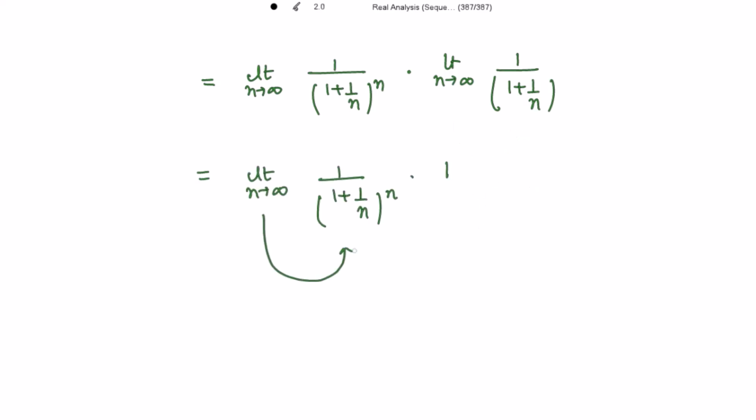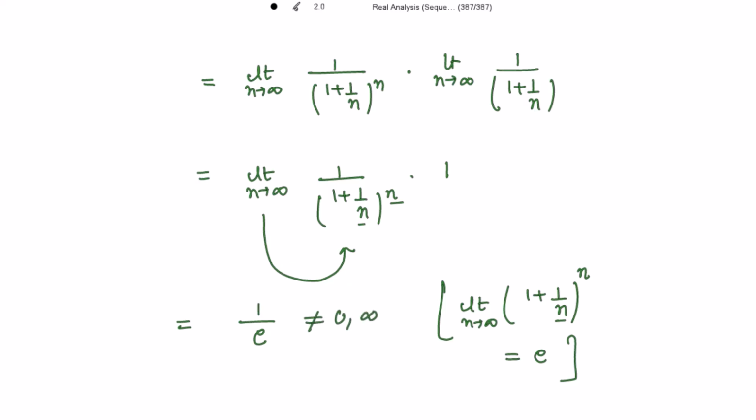And this is your formula. The limit of 1 plus 1 by n to the power n, if the denominator is the same as the power, then this limit as n tends to infinity of 1 plus 1 divided by n to the power n is equal to e. So this will be 1 divided by e, and this limit is non-zero and finite.